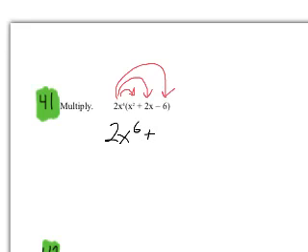So 2 times 2 is 4, and x to the 4th times x is x to the 5th. And then we have 2x to the 4th times the negative 6. We multiply the number times the number. We don't have a variable there. So 2 times the negative 6 is negative 12. And then we keep our x to the 4th. Couldn't be easier, right?